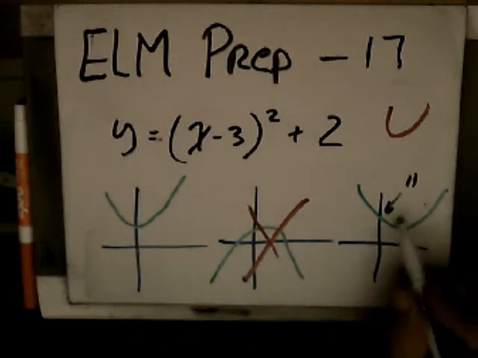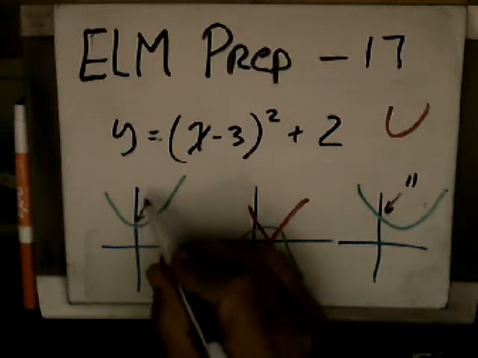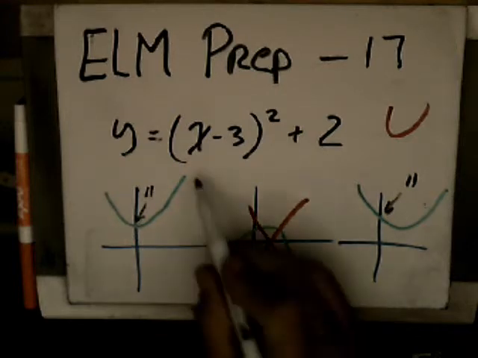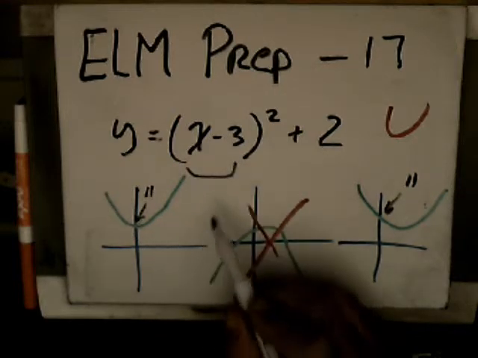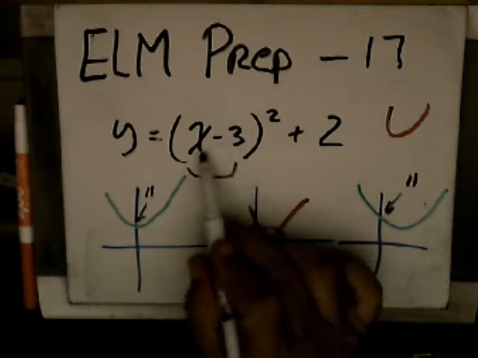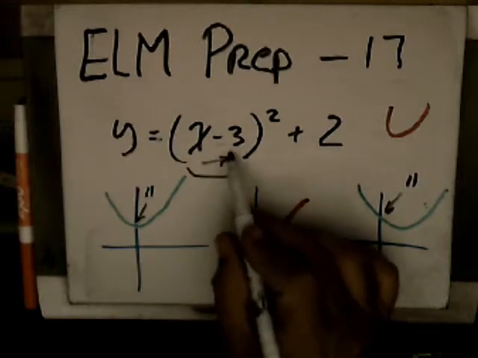Now both of these cross at possibly the same point. So now I'm left with an additional problem, and I'm going to look at this term right here. This being in the parentheses says that I shifted my graph, my vertex point shifted to the right by this amount.